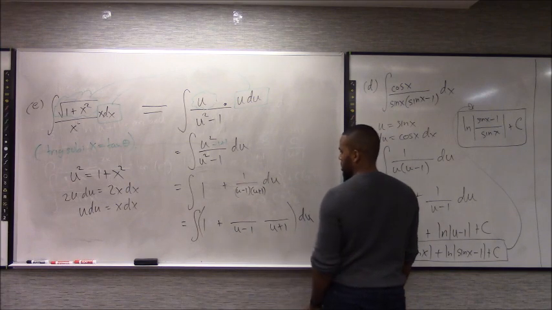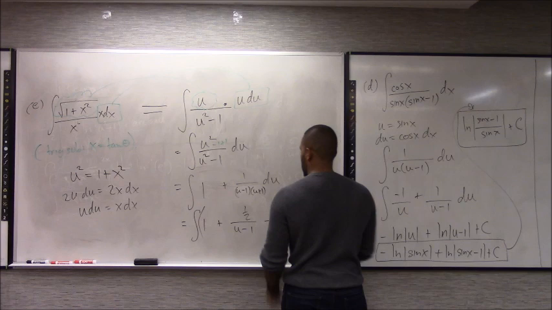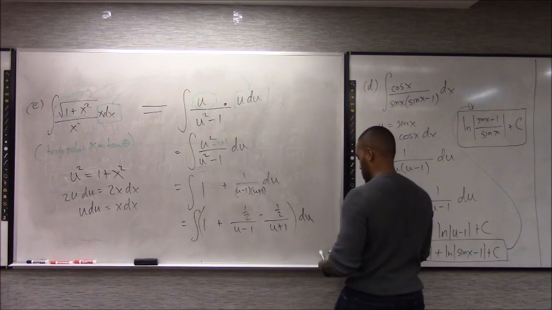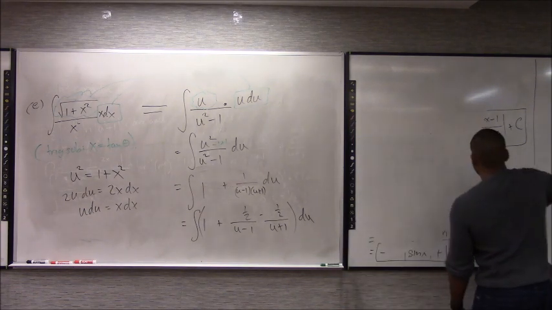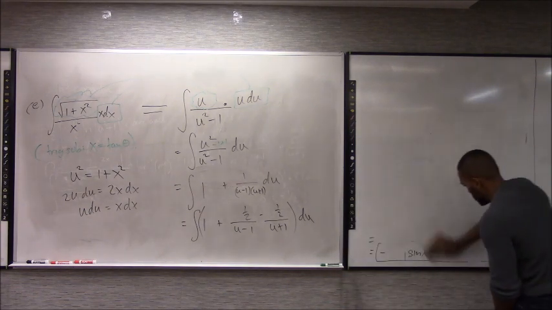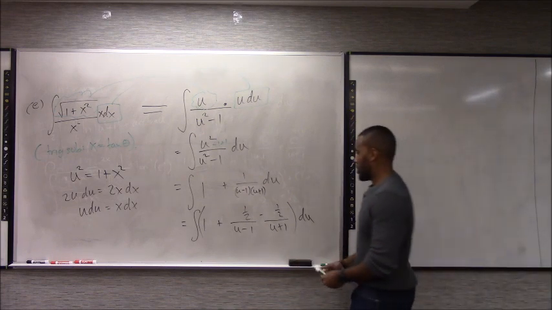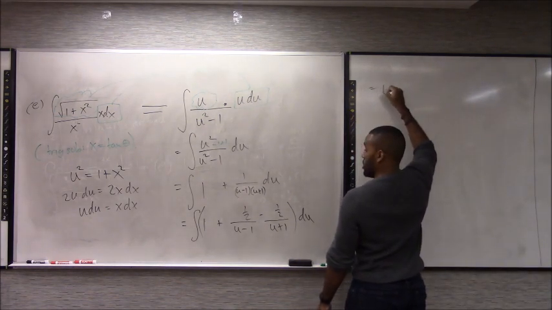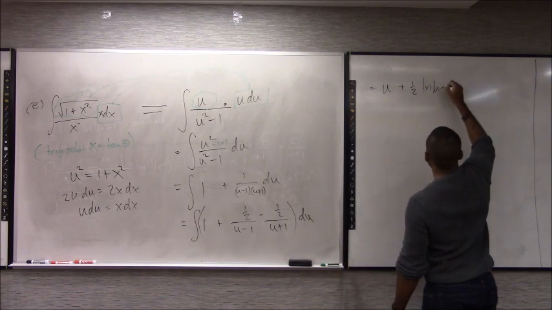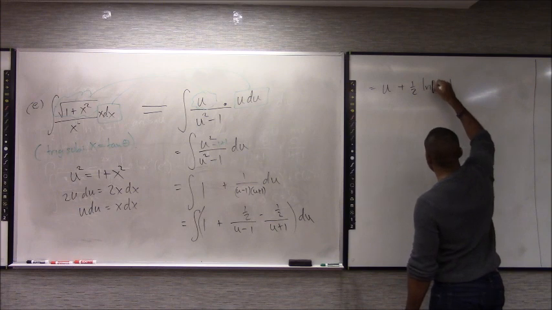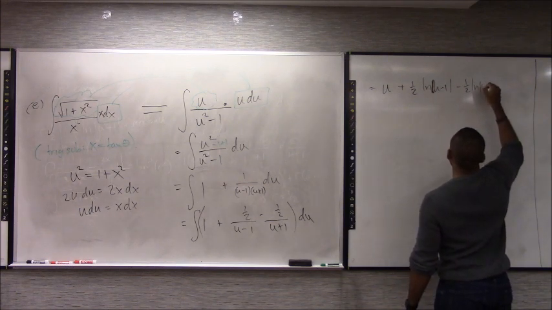U equals 1 makes this 0, cover that up, plug in 1. U equals minus 1 makes this 0, cover that up, plug in minus 1. So, integral u plus 1/2 ln of u minus 1 minus 1/2 ln of u plus 1.